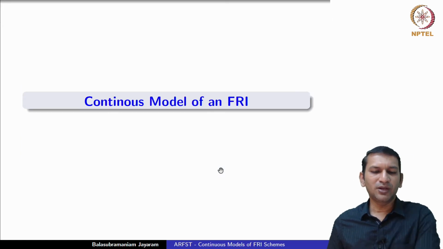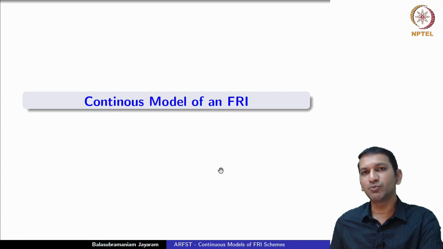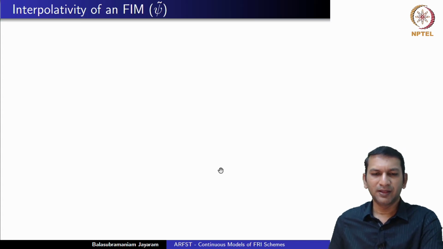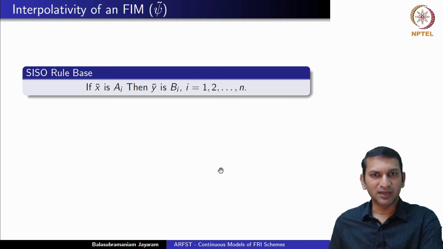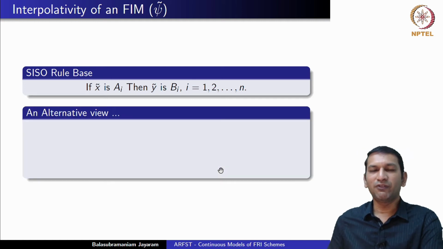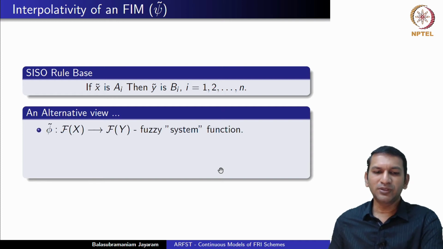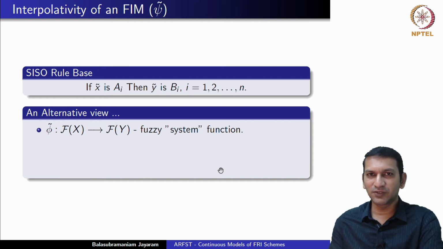Now, let's look at what we understand by a continuous model of an FRI. Recall that given a CISO rule base, an alternative view of the fuzzy inference mechanism itself is as follows. You could think of the system function that we are trying to approximate using this fuzzy inference system itself as a fuzzy mapping.